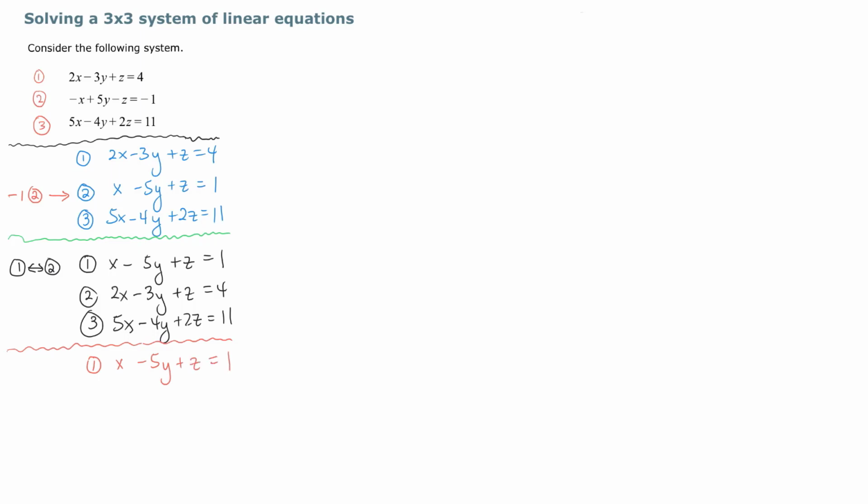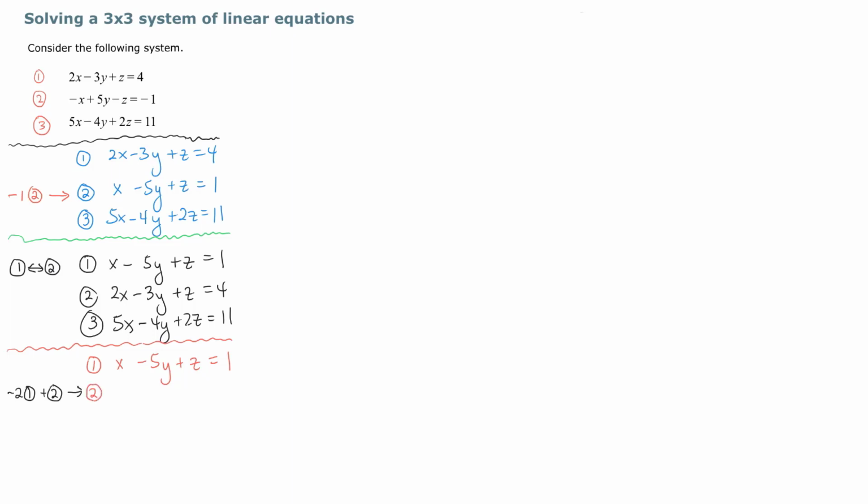And now we're going to use the addition method that involves equations 1 and 2, and the addition method that involves equations 1 and 3. So we're going to temporarily eliminate x. What does that mean? I'm going to take negative 2 times equation 1 and then add it to equation 2 and then store this in our new equation 2.